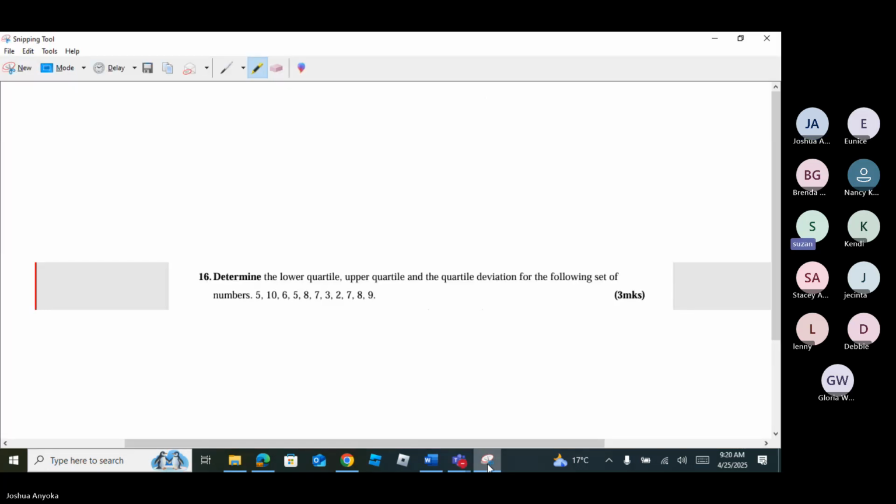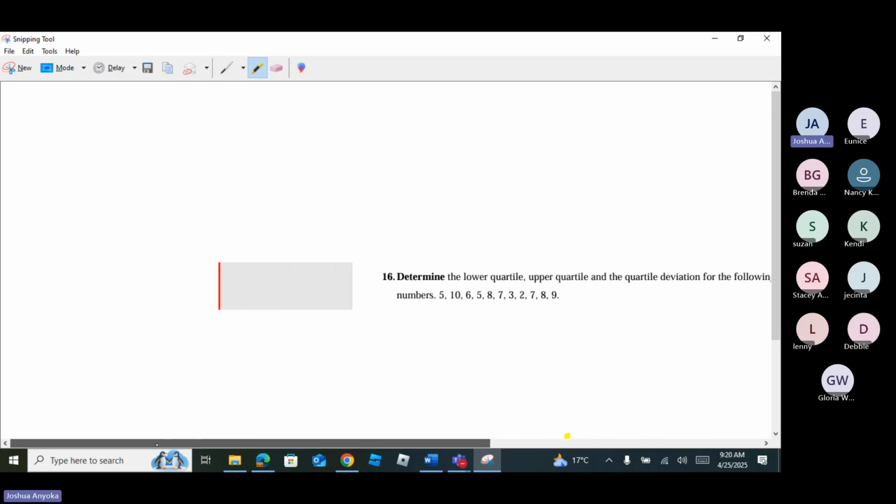Determine the lower quartile, upper quartile, and the quartile deviation for the following set of numbers: 5, 10, 6, 5, 8, 7, 3, 2, 7, 8, 9. Determine the lower quartile, upper quartile, and the quartile deviation for the following data.